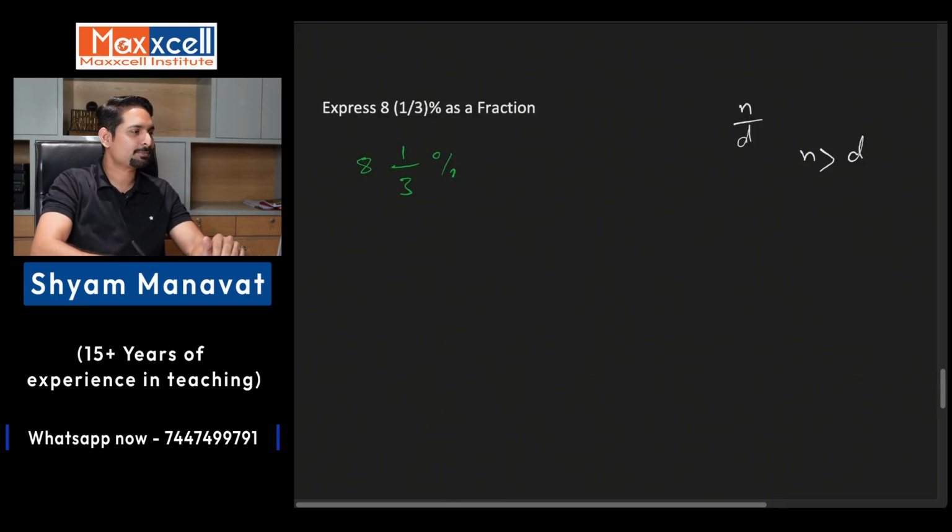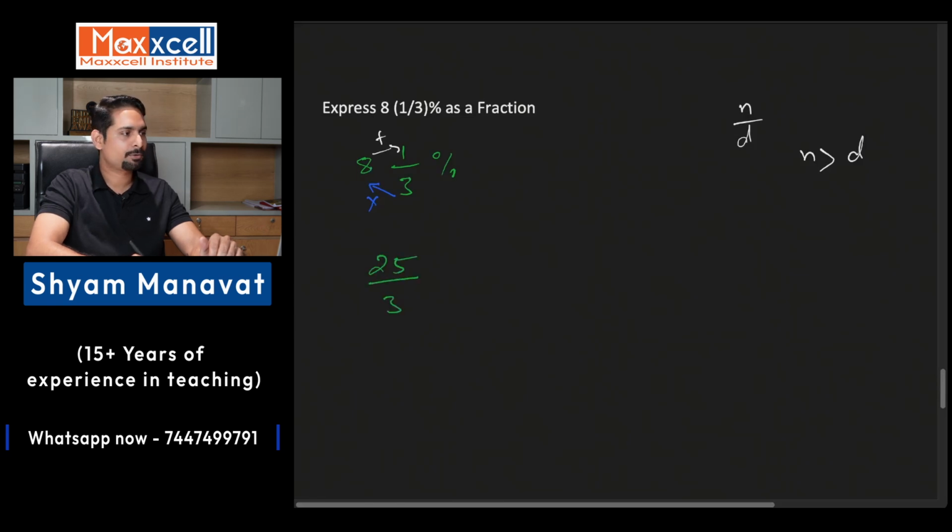Okay, so tell me, how do we convert this into an improper fraction? Yes, I know all of you know that. This 8 multiplied by 3 and then the result you add with 1. 8 3s are 24 plus 1 will give you 25 by 3.